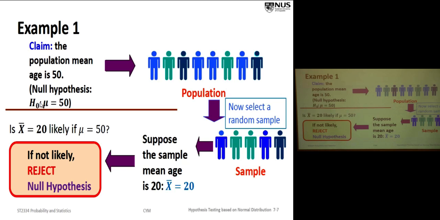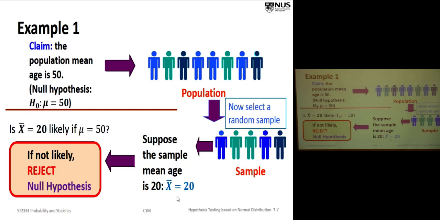Now what you do, of course, is select a random sample, so we have an IID sequence of random variables associated with the population, and we realize that sample, i.e. we get some data. Now we obtain the mean of the data. Suppose there are 5 million people here, and we took 100,000, and the sample mean age was 20.